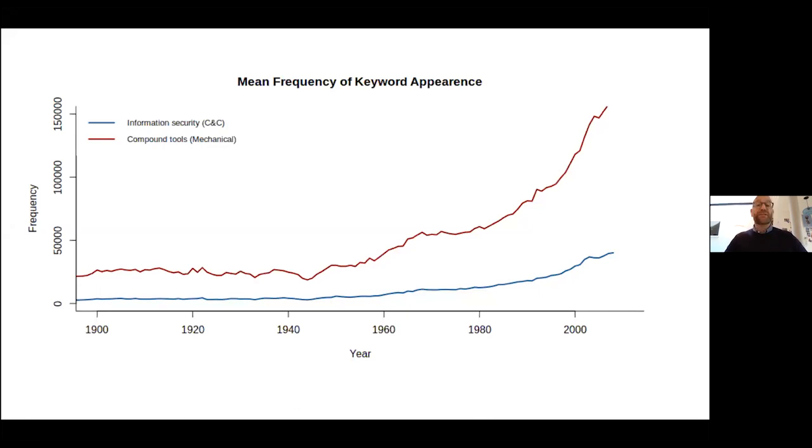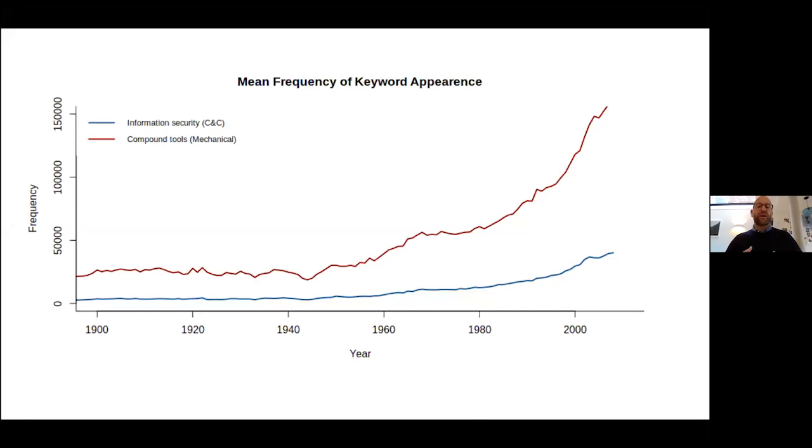Compound tools, which is in the mechanical category, and information security, which is in the computer and communications category. And you can see the time path of the frequency of keyword appearances. What you see quite clearly is, with compound tools, we're talking about screwdrivers and hammers and stuff like that. So we see very clearly that the time path and the absolute frequencies are quite different for these two classes.